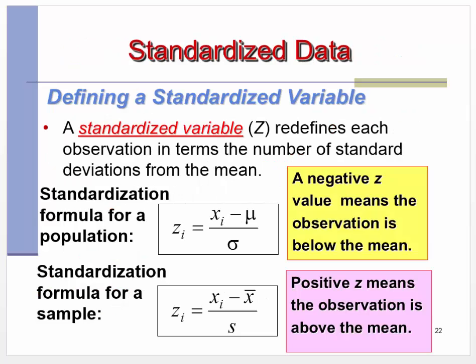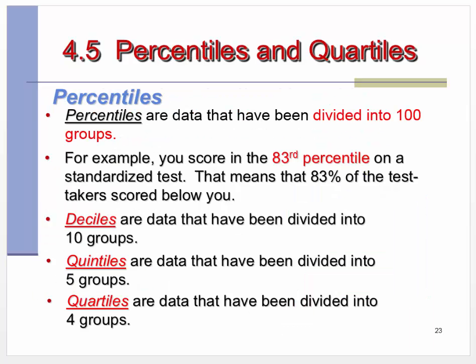Yet another means to describe data is by percentiles and quartiles. Percentiles are data that have been divided into 100 groups. For example, if you score in the 83rd percentile on a standardized test such as the SAT, that means 83% of test takers scored below you, and 17% above you.